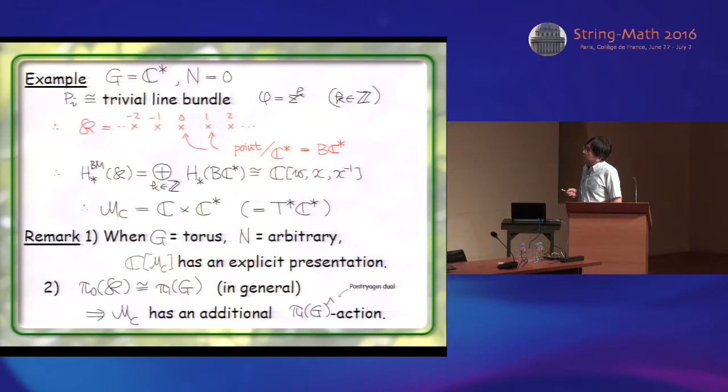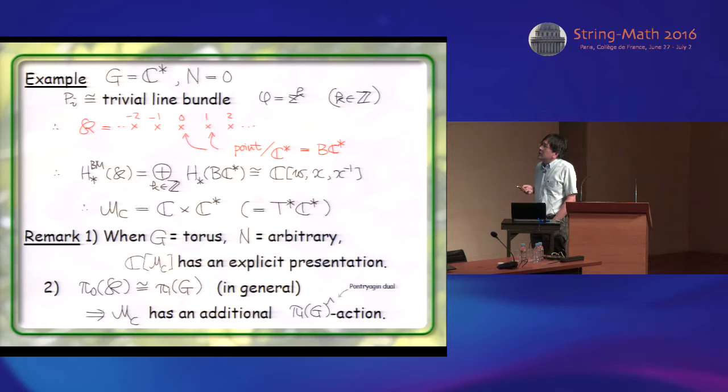So each point is a classifying space of C star. And the multiplication of the i-th point and the j-th point is just given by the (i plus j)-th point. I don't give the definition of the convolution product, but I hope you can imagine that it should be the most natural product in this picture.